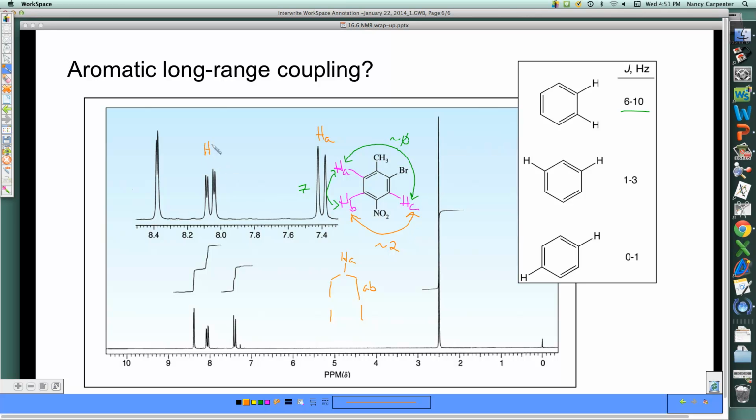So this must be H sub B, where this is our 7 Hertz gap and this teeny thing is our 2 Hertz gap, which means this must be H sub C, which makes perfect sense because there's no coupling between H sub A and C, but there's still that little 2 Hertz coupling between B and C. So you see, coupling constants can give you very valuable information.